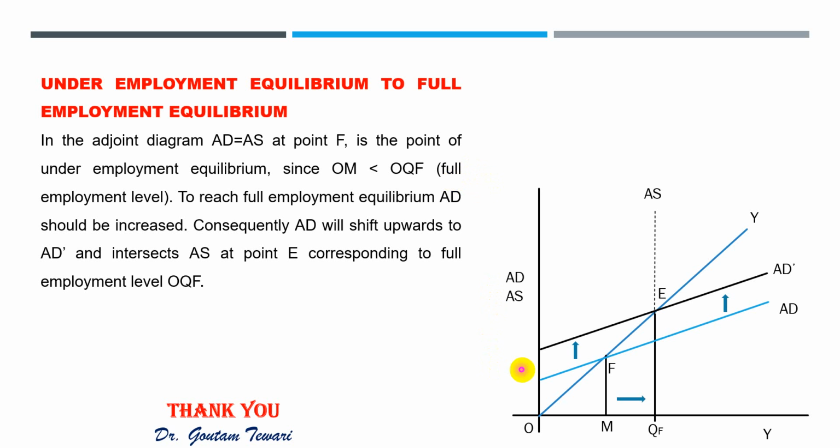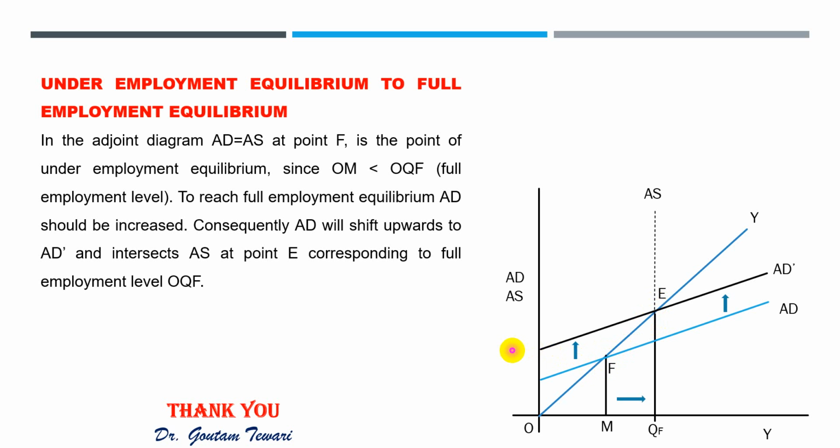In the diagram we find AD is equal to AS initially at point F, and the full employment level of output in the economy is OQF. So point F is underemployment equilibrium because this equilibrium occurs before the level of full employment. Full employment is E. Therefore, it is underemployment equilibrium.